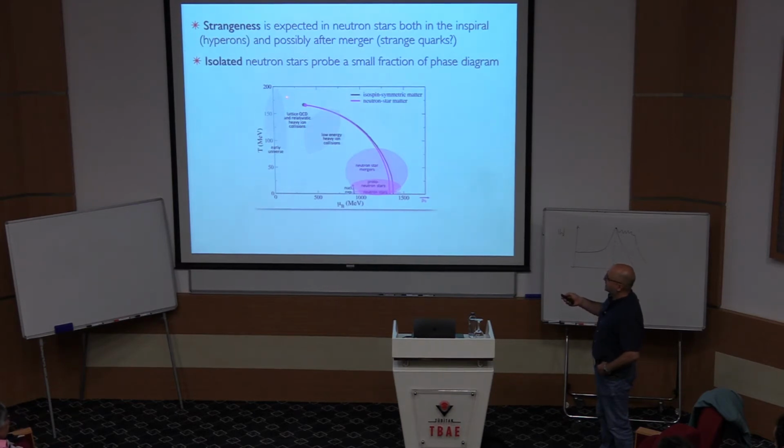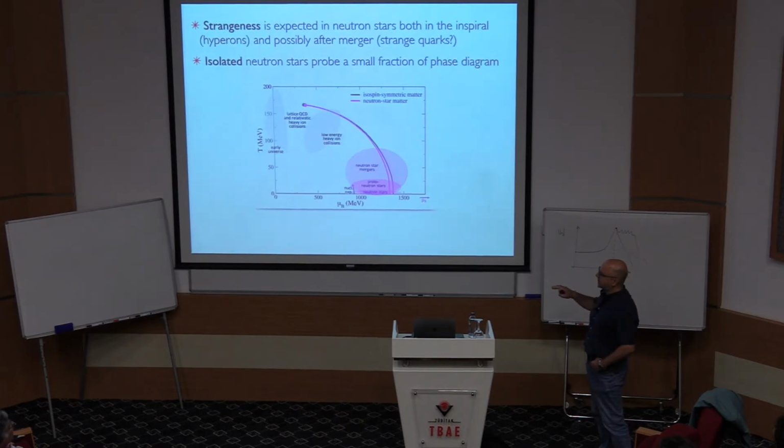And this is the region where a phase transition was expected in the past. Effectively, there is a crossover. These are the regions which can be tested either through lattice QCD calculations, or low energy heavy ion collisions. And as you can see, neutron star mergers can also cover a part of this phase diagram.